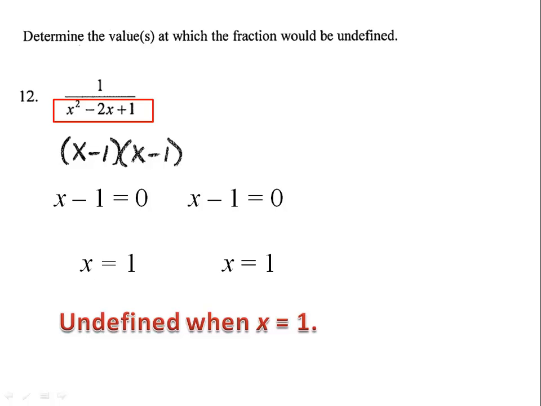We solve and we get our undefined values. We find out that when x equals 1, this will no longer work because we'll end up with 1 over 0. So you can plug any number you want into this expression except for the number 1. That's the only time it won't work.